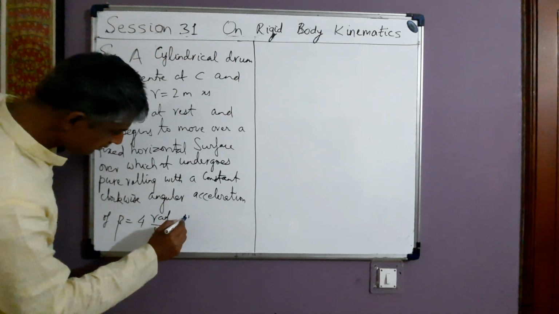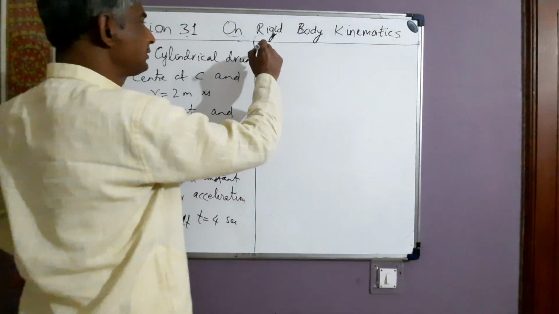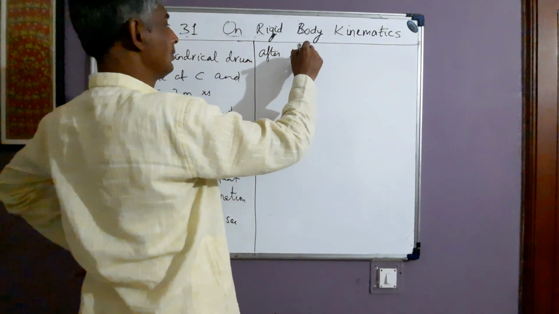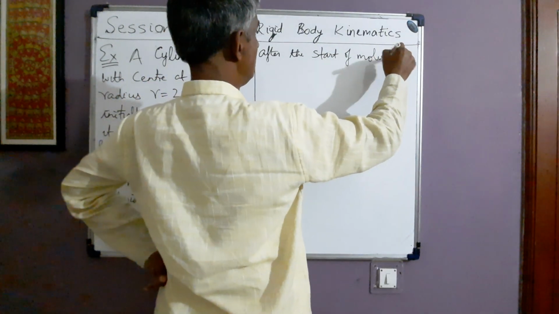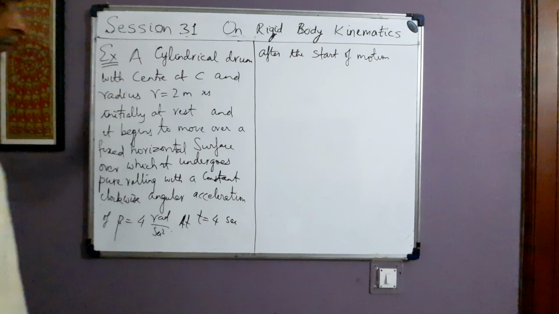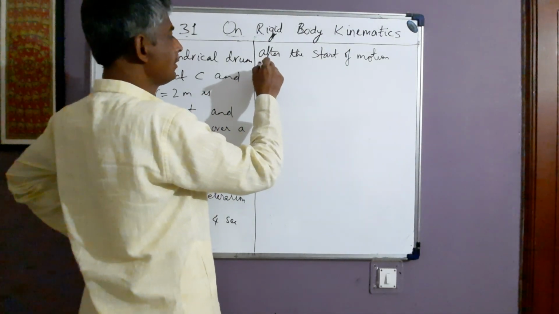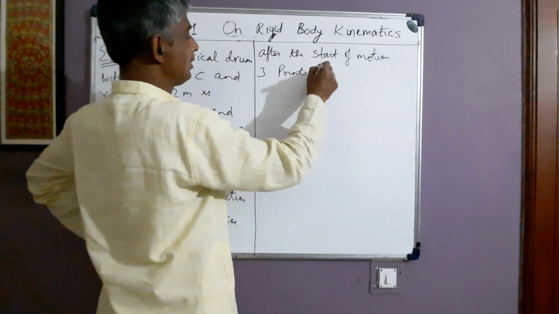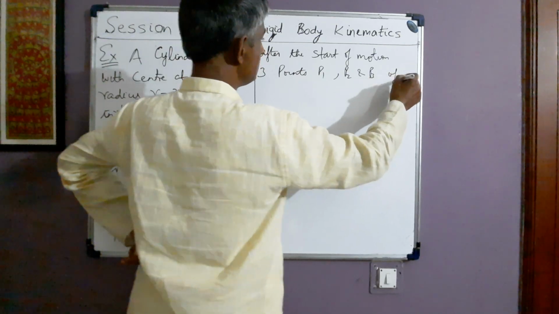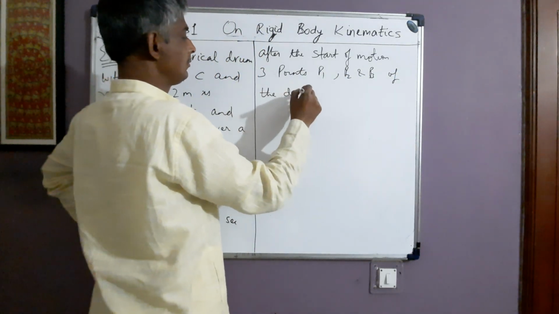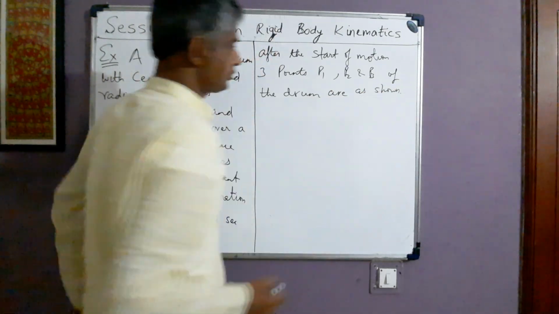At t equal to 4 seconds after the start of motion, three points P1, P2 and P3 of the drum are as shown.